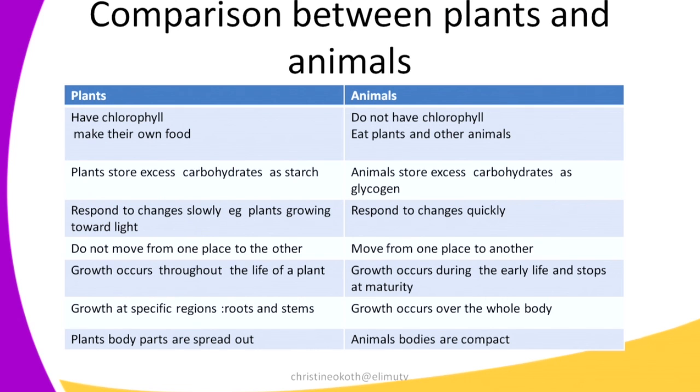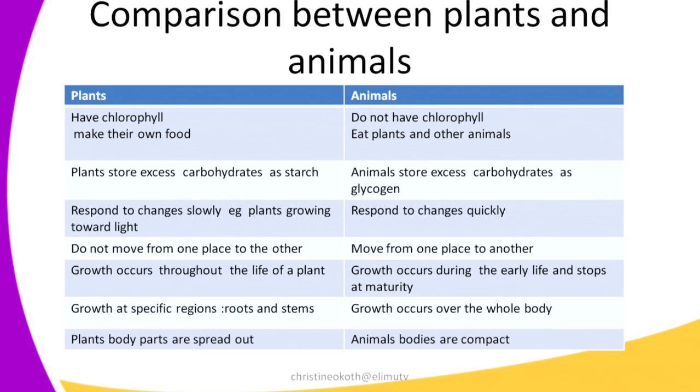So there's a rapid stage of growth in animals where they grow and develop quickly. Then it reaches a certain time, like for human beings, they stop growing and they have already matured, so they do not continue growing. While the plants will grow throughout their lifespan.